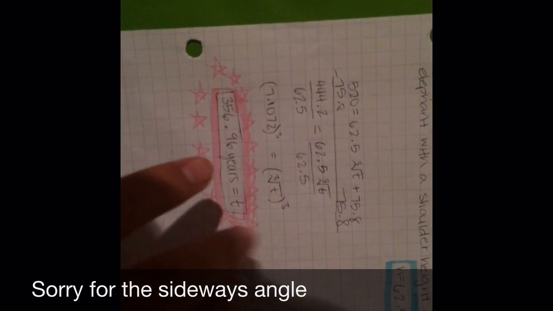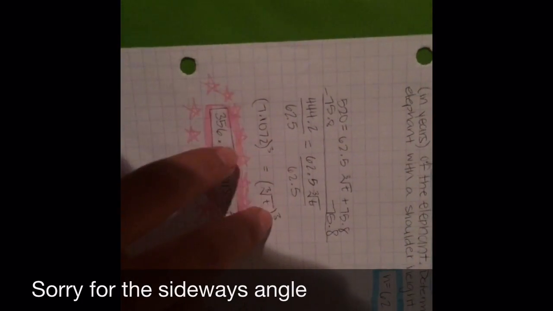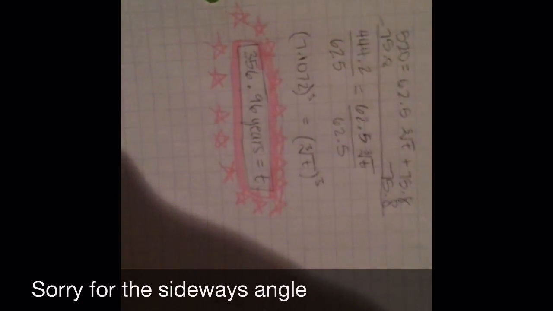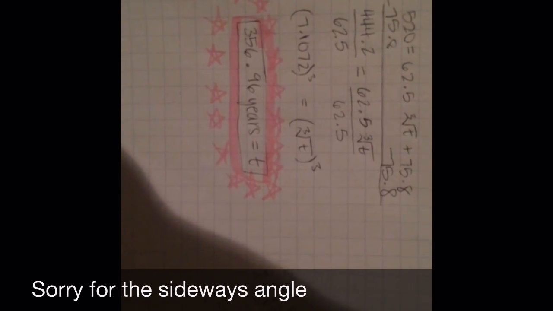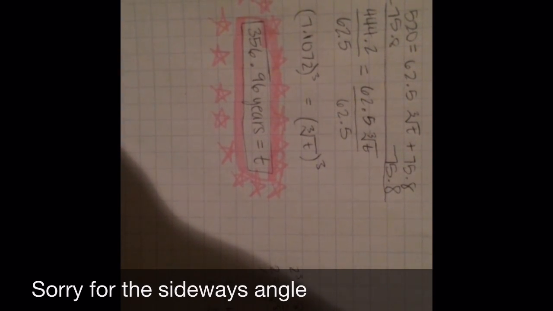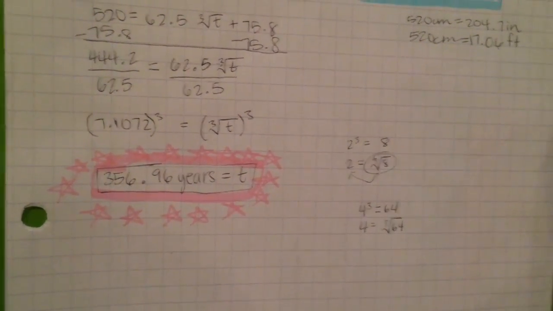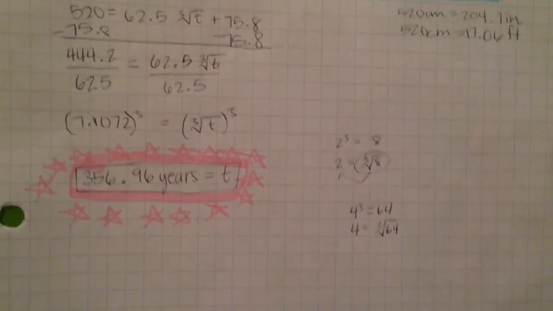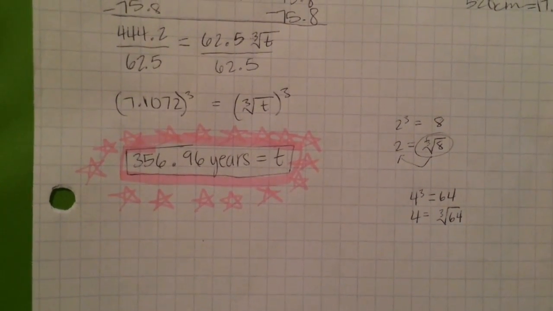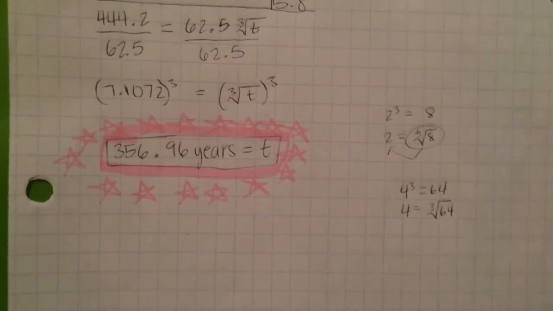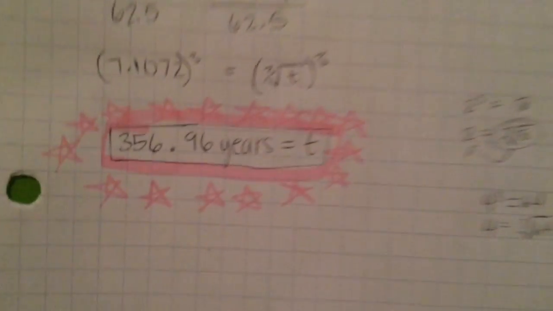Then to get rid of the root, we raise both sides to the 3rd power. So 7.1072 to the 3rd power equals 356.96 years equals t. And that is the answer. When we multiply 7.1072 to the power of the 3rd, it is 356.96 years equals t. And that is the answer.